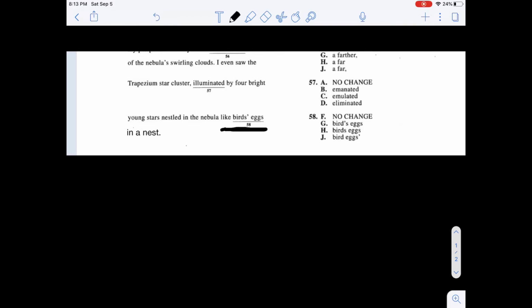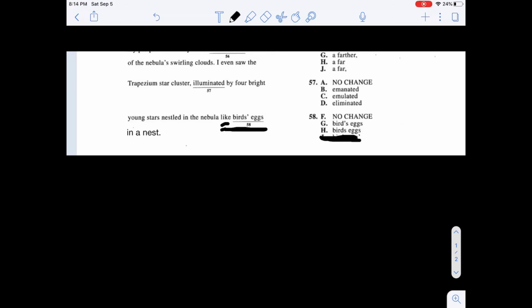We say birds' eggs. Well, it's pretty clear that in this example, eggs is just being used as a plural of the singular egg. So I don't think we need any possession here, so I think we can get rid of J. But in a similar vein, letter H doesn't have an apostrophe, whereas F and G do. So is the bird or birds, is that having possession at all or not?